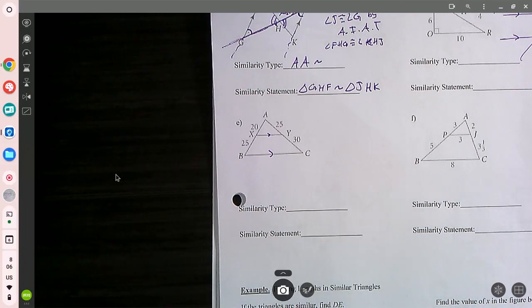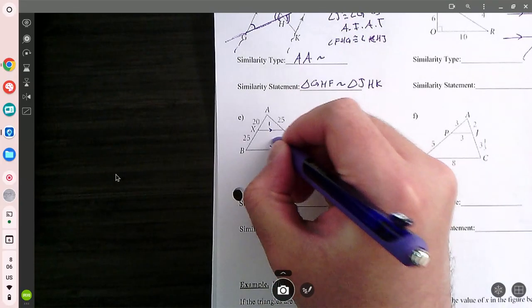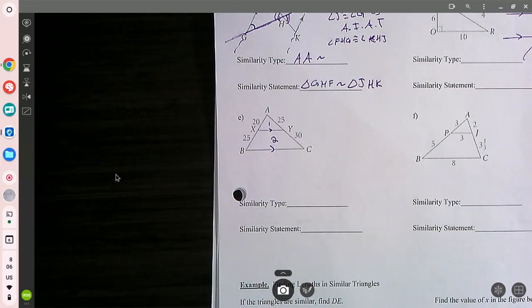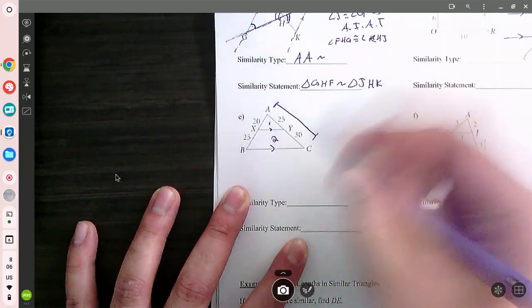Now we have two triangles. We have the smaller triangle on top and the bigger triangle that includes the smaller triangle. So what we need now is the distance of the long triangle side. So I'm going to go ahead and put a mark like this, right?